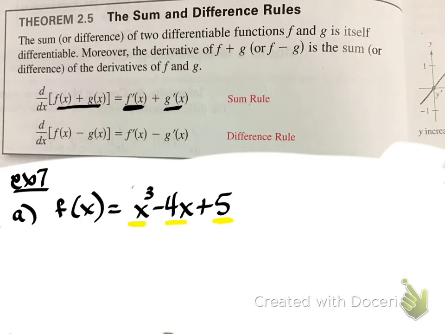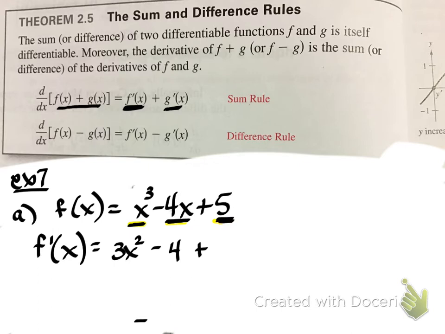And all three of those, I can take the derivative of them individually. So this rule is just saying, if they are all able to be differentiated, I'm able to take all of their derivatives, then I can just take the derivative of this one, minus, now take the derivative of this one, plus, now take the derivative of this one. And that is so handy.